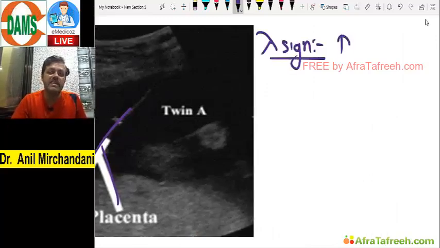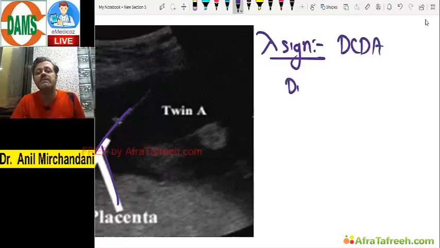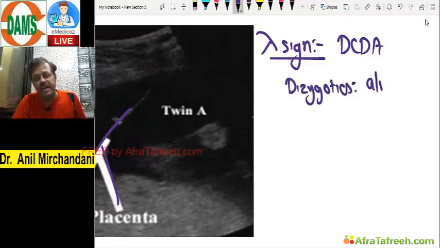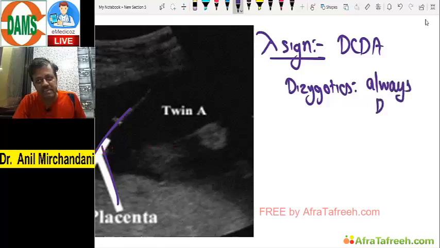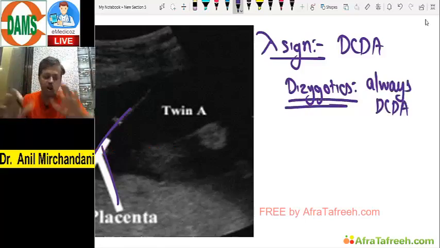Lambda sign is seen in dichorionic diamniotic, and you all know that dizygotics are always DCDA. If they are made from two zygotes, they are always DCDA.